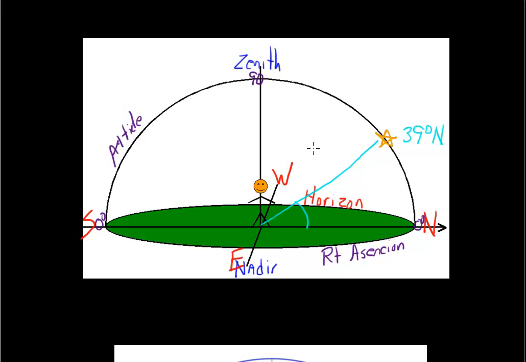And sorry, that's not called right ascension. Right ascension is when we talk about the celestial sphere. This is called azimuth.